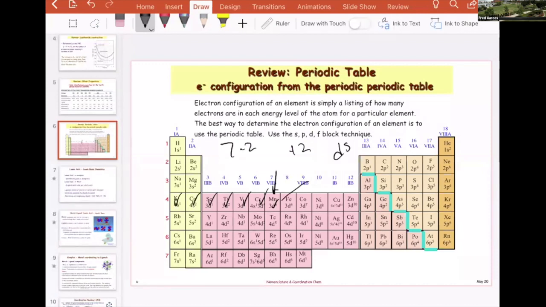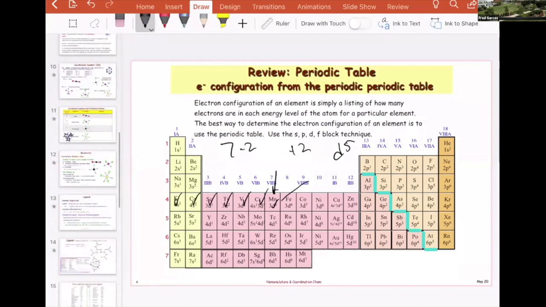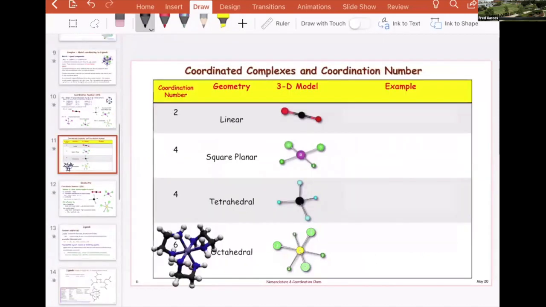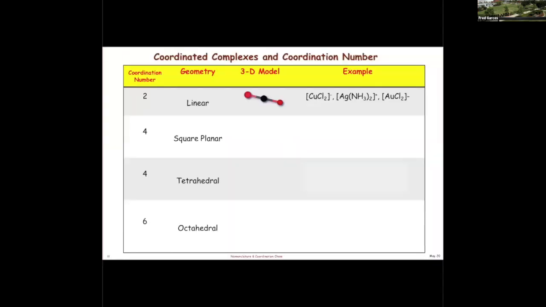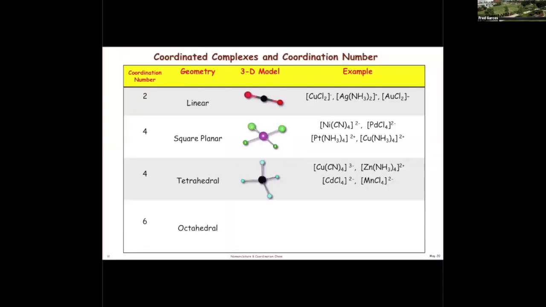For that particular example, that manganese that I was talking to you guys about right here. Yeah, continue with my slideshow. This right here, that manganese is a d5. Just so that you know how to count electrons.